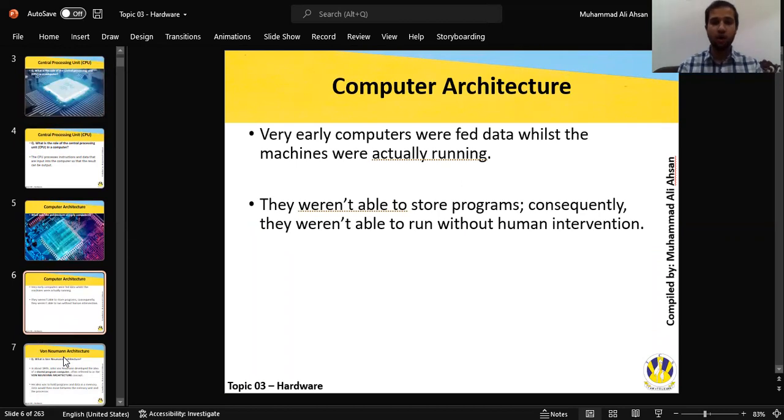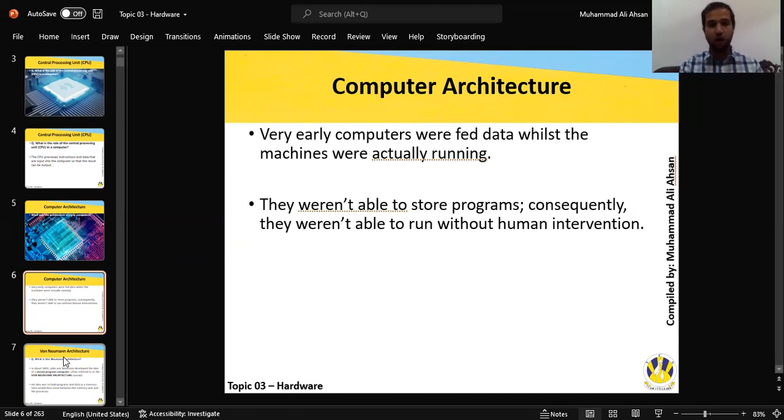The main issue was that the old computers were unable to store data, programs, and instructions like our computers do these days. So guys, these days we just press the power button of our computer and we see the operating system loading on our computer. We see the files and applications running on our computer, and each and everything is done automatically.